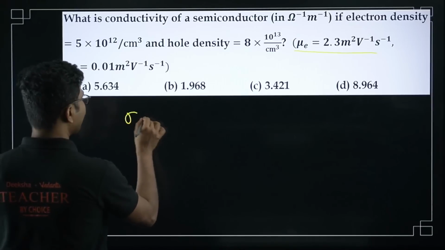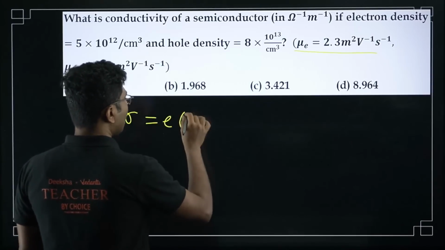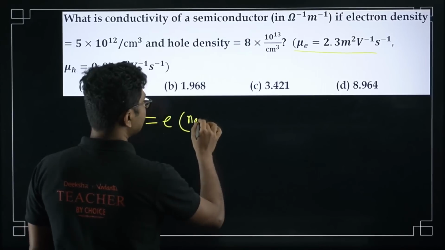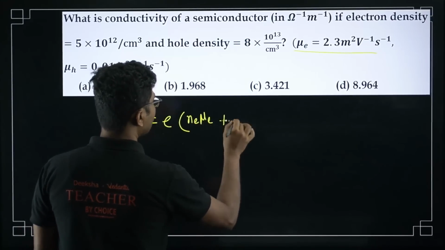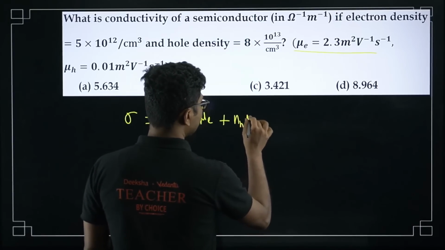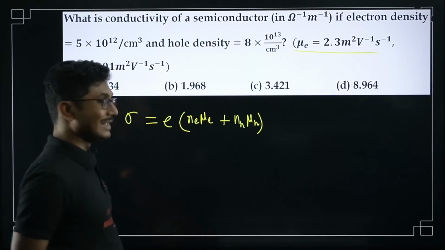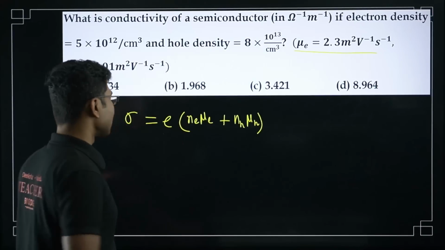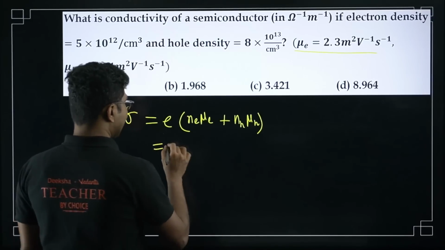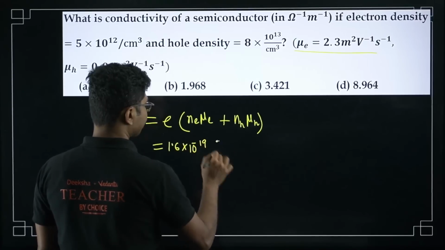Conductivity, for a semiconductor, is defined by e into number density of electron into its mobility plus number density of holes into its mobility. Okay, so this is the mu Ne, right? That is the conductivity. Now e is 1.6 into 10 to the power of minus 19.